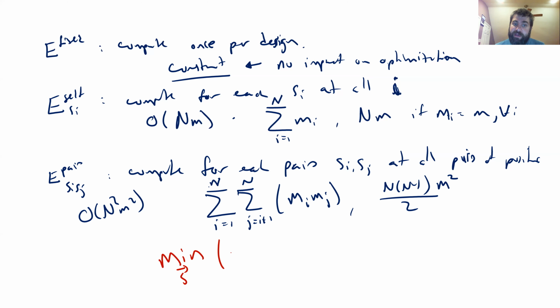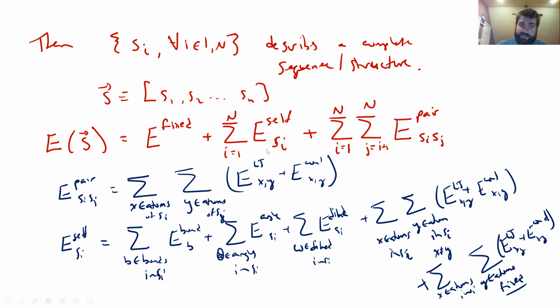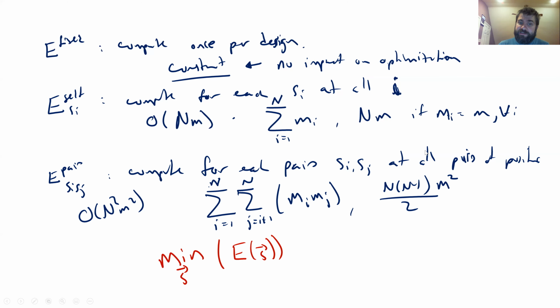This energy that we defined on the previous screen is a fixed term plus a sum of self terms plus a double sum over pairs. And we can compute all of those individual terms up front so we know what they are.